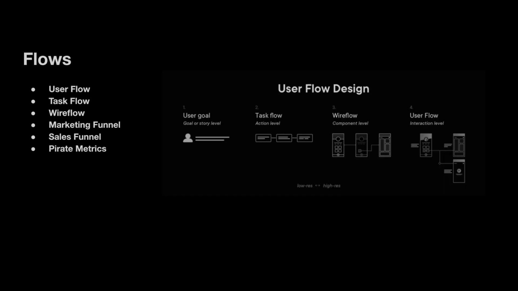The next part is flows. There are a lot of types of flows: user flow, task flow, wire flow, etc. Marketing funnel, sales funnel, and we talked about the pirate metrics before: awareness, acquisition, activation, revenue, retention, referrals. All of this comes together when we are mapping this out. And in your case study, we want to know what piece of the flow you are focused on.